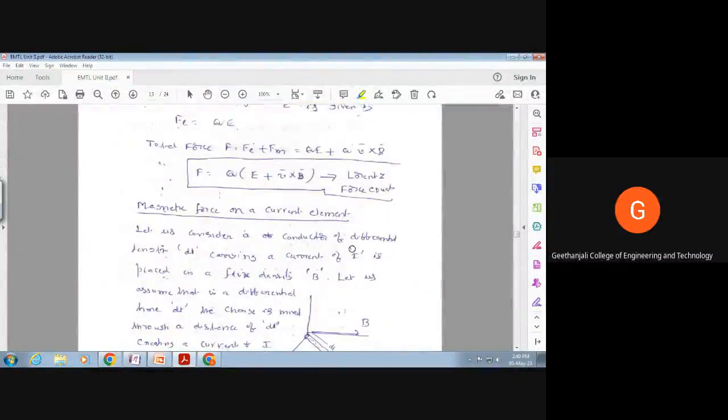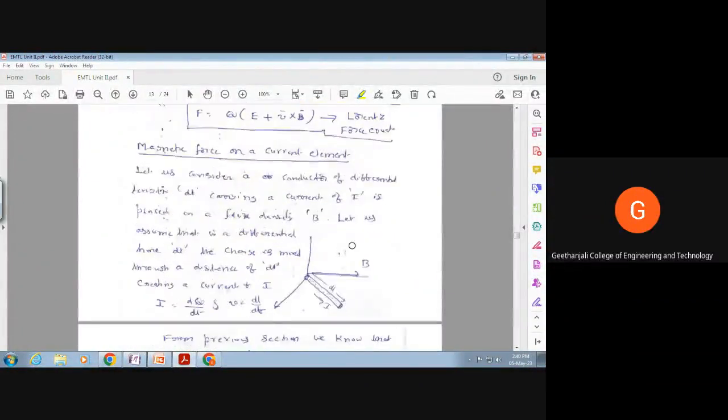Now let us extend this theory to find out the magnetic force on a current element. Magnetic force on a point charge is equal to qv cross B. Now, what is the magnetic force on a current element? Assume that I have a conductor of length dl carrying a current of I. So I dl is the differential current element.